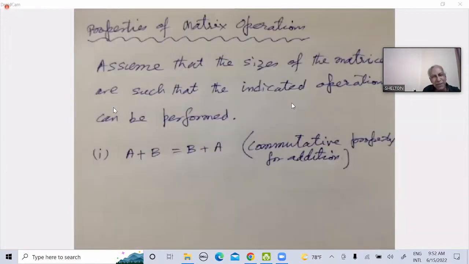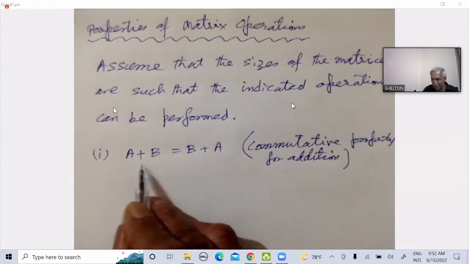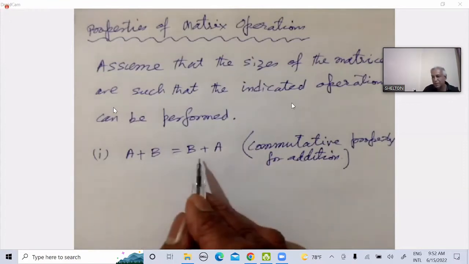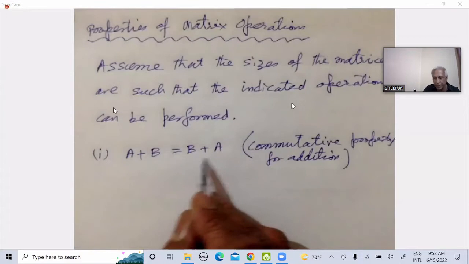Even for numbers, it is not true. A plus B is equal to B plus A, but A minus B is not equal to B minus A. So don't put a minus sign here. It's wrong. We can add them in any order.